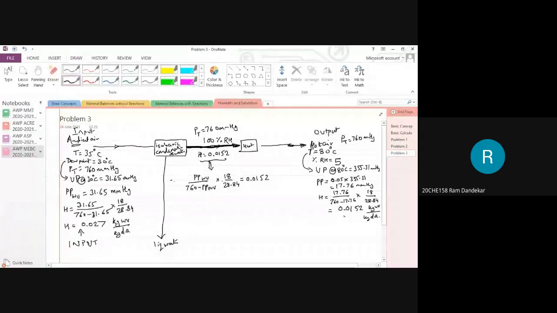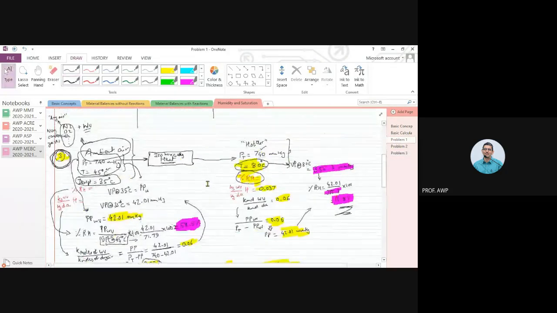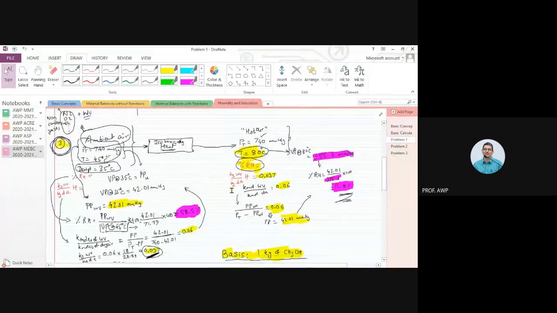So tell me now what is the partial pressure? One minute, sir. Sir, after the condenser, why is the relative humidity 100%? Look at the problem that we did.